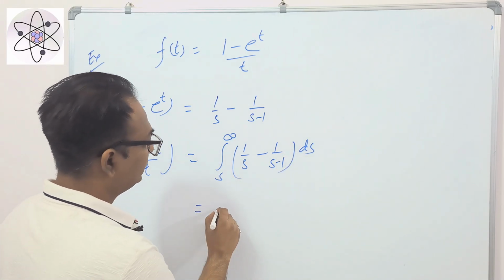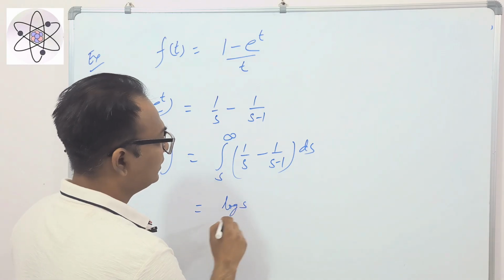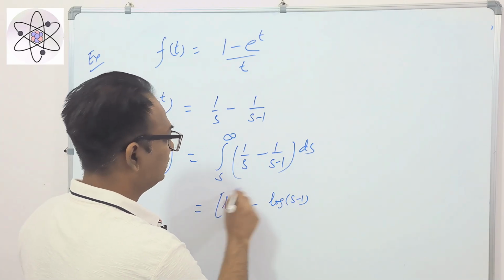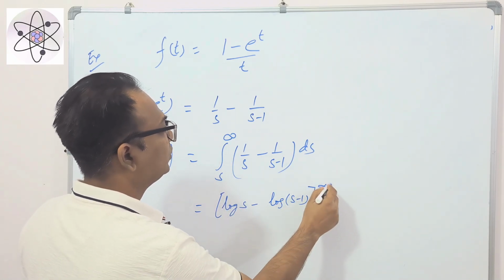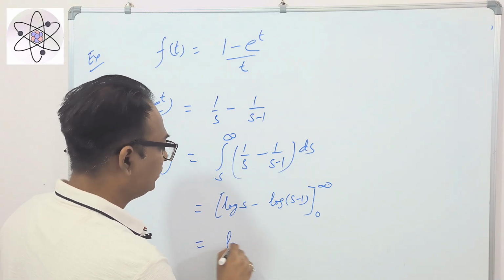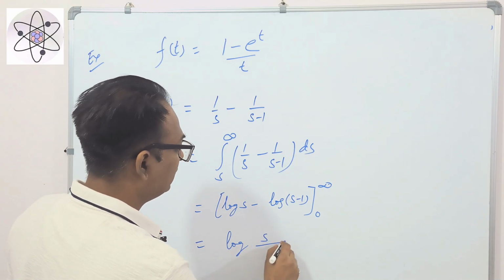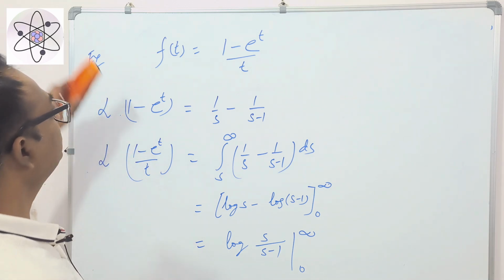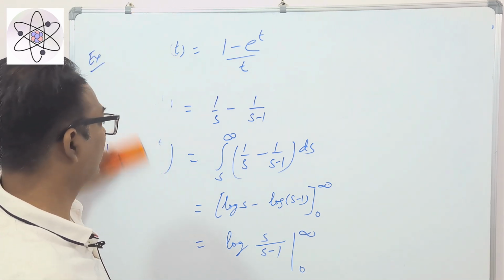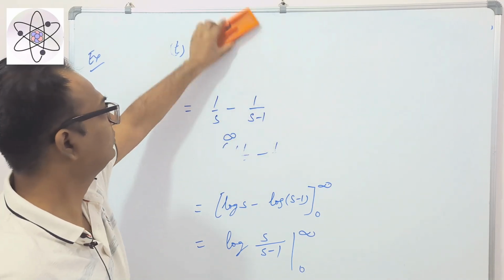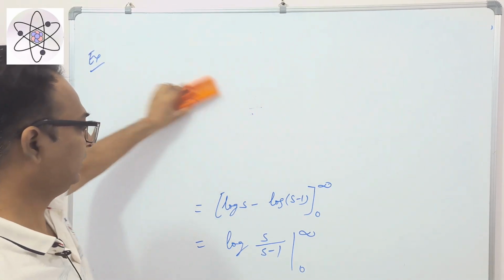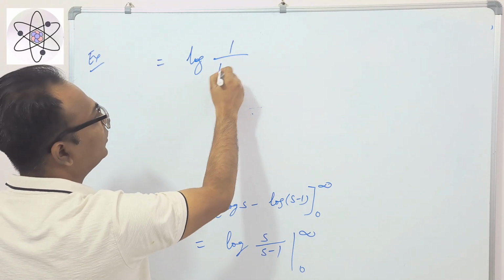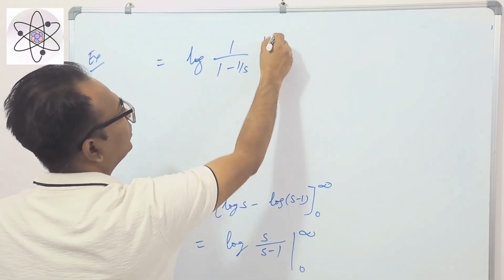What is this? Log of s minus log of s minus 1, from s to infinity. This is log of s by s minus 1, from s to infinity. We can write it like log of 1 by 1 minus 1 by s, the limit is s to infinity.